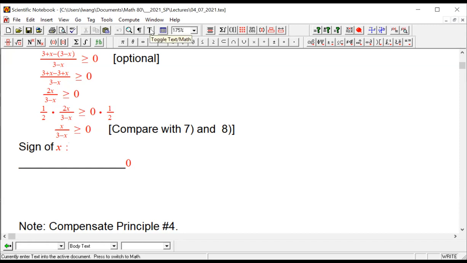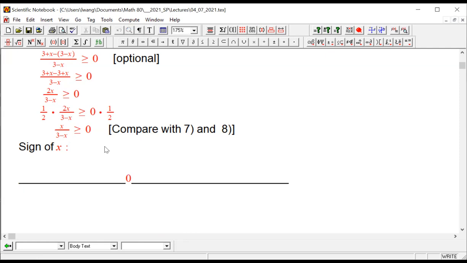When x is positive, it's positive. When x is negative, it's negative. So the sign is negative when x is less than 0. When x is 0, x is 0. And when x is larger than 0, x is positive. So this is the easiest part.